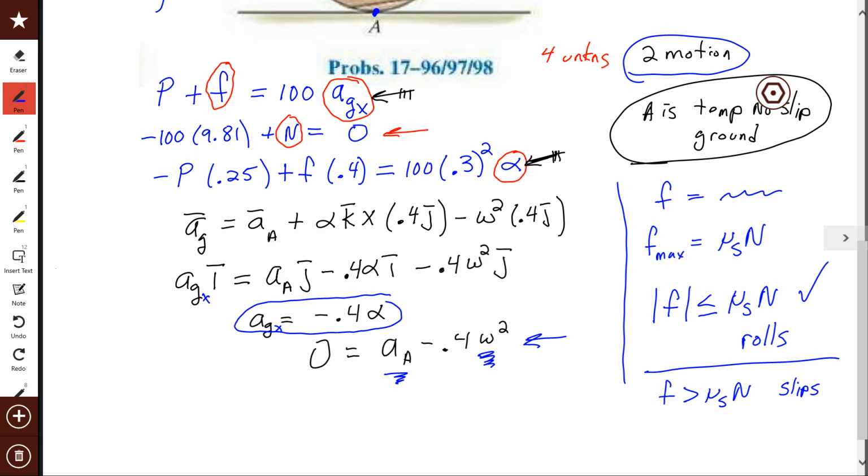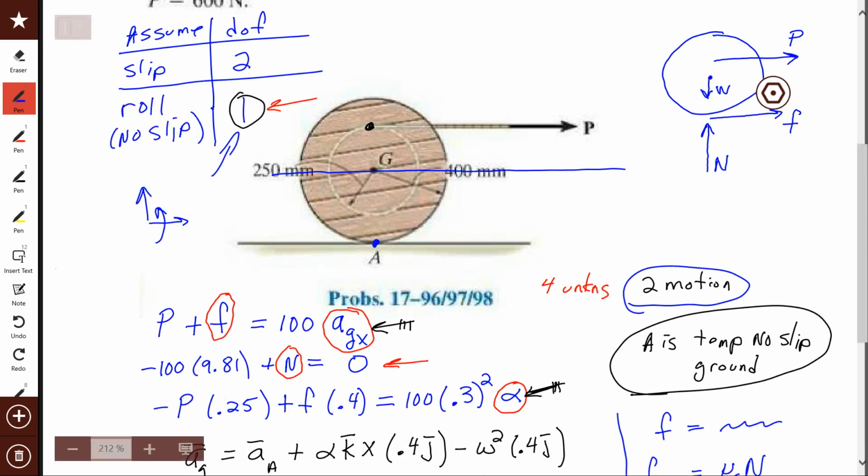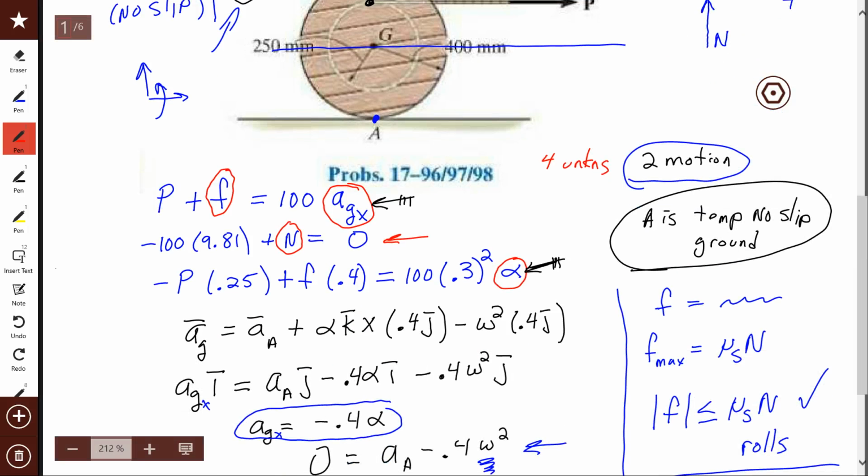Let's go back and see what would happen if it slips. If you now know that it slips, then it's going to be 2 degrees of freedom. And when you come down here, you're going to say, okay, what is this friction force? Well, the friction force is now equal to mu k n because you know it's slipping.